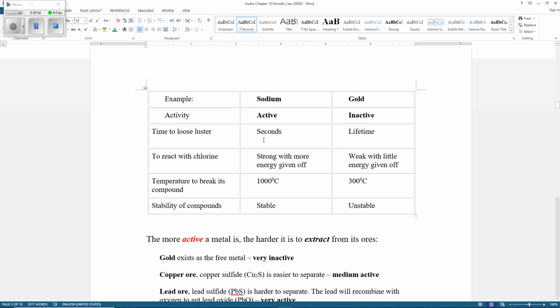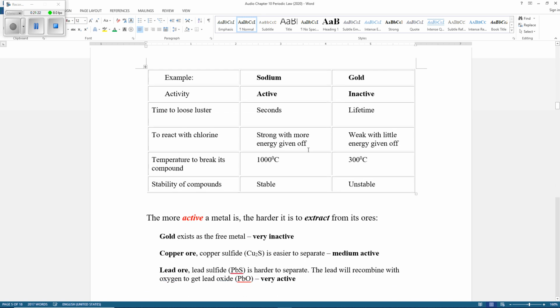The color is going to change in a few seconds. Why? Because it's active. But gold, we use gold to make a ring. When you get married, you wear a ring. Why? Because it's inactive. So the color will keep for a lifetime. It means love never changes, right? Okay, so this is an example of inactive.